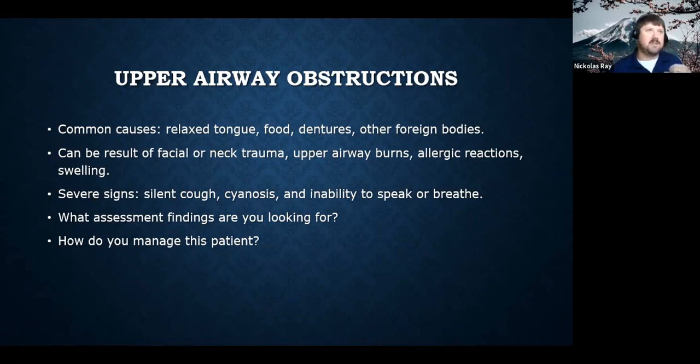For instance, if it's an issue with ventilation, as what we're looking at right here, upper airway obstructions, eventually that airway obstruction is going to cause an issue with respiration, or the chemical exchange of oxygen and waste products.